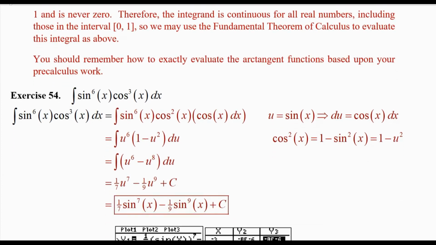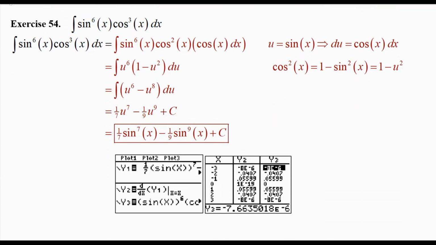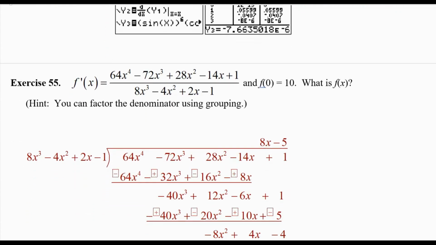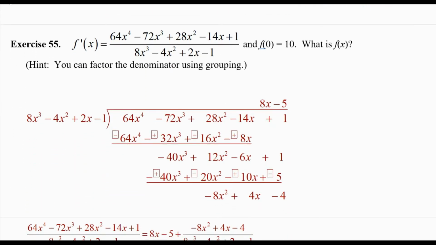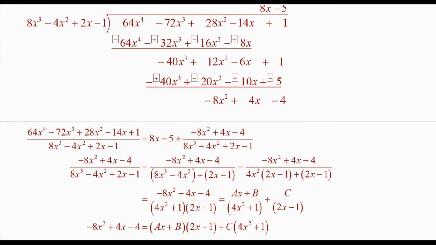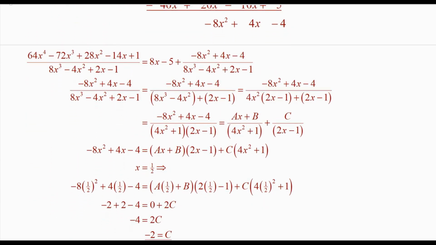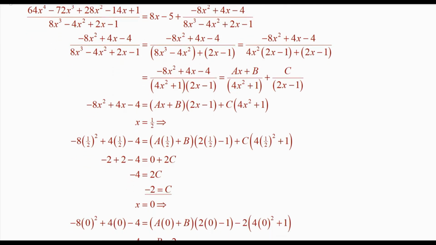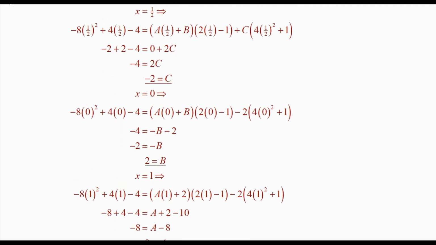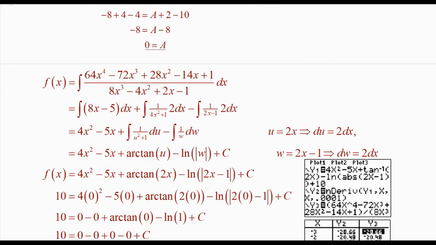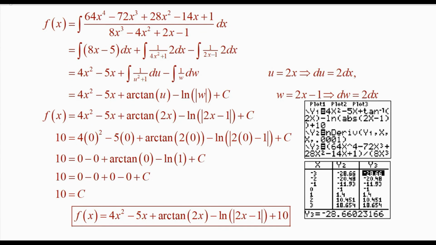Some of them use trig identities. It uses a trig identity. There's a rational function, so it's going to use a long division there. And some partial fraction decomposition there. Continuing the partial fraction decomposition. And then once you have that, you can work out the integral.